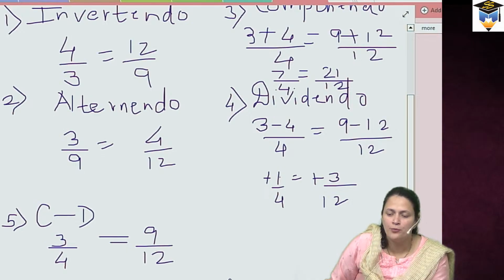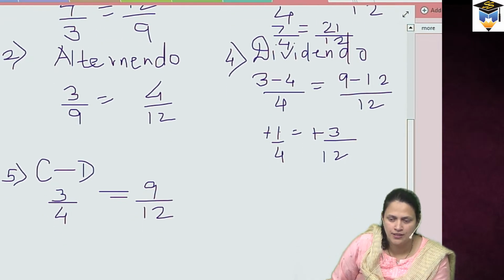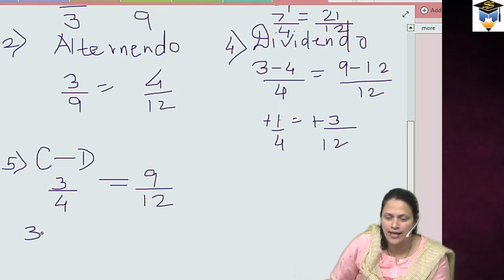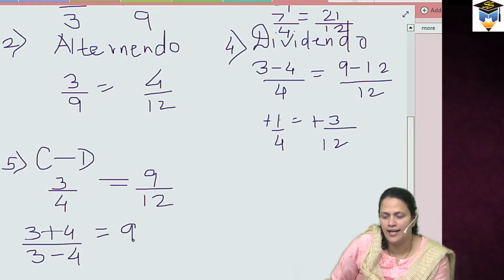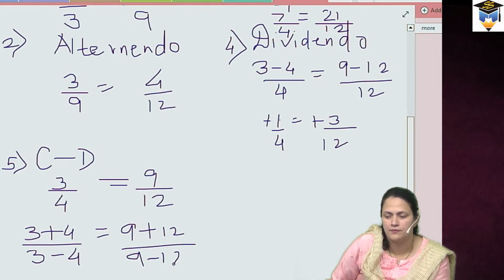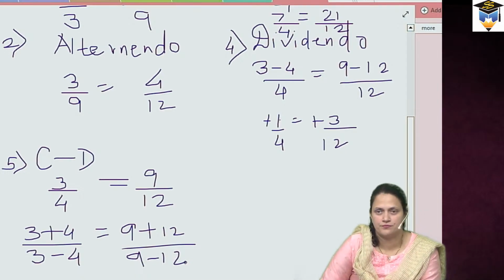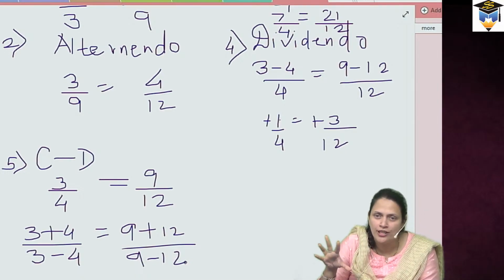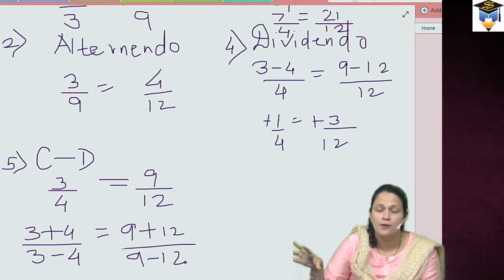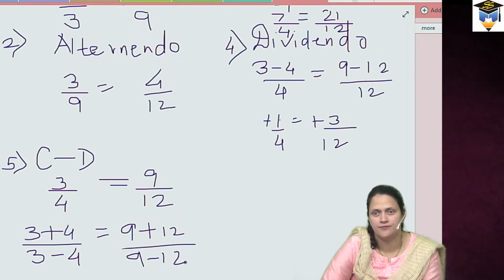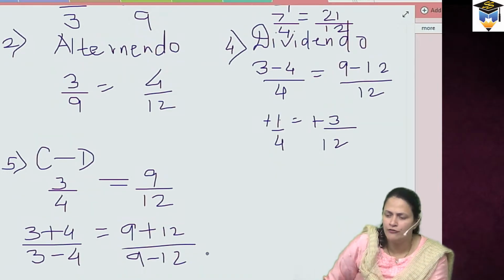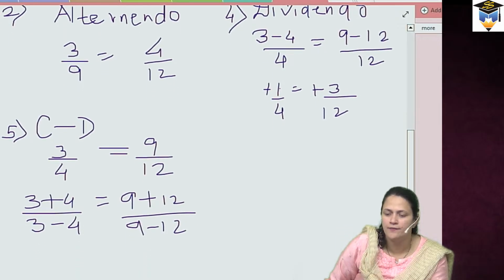Now we are going to add and subtract. First add, then subtract. Here again first add, then subtract. That was for just componendo, for just dividendo. But when you apply componendo dividendo together, you are going to use this method.